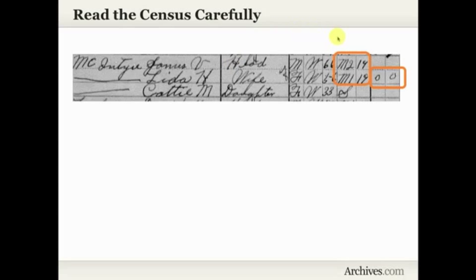We also take a look and we see that this is James's 2nd marriage, Lida's 1st, and they've been married 19 years. Caddy, on the other hand, is 33. So what we have here is Caddy isn't Lida's daughter, she's her stepdaughter.